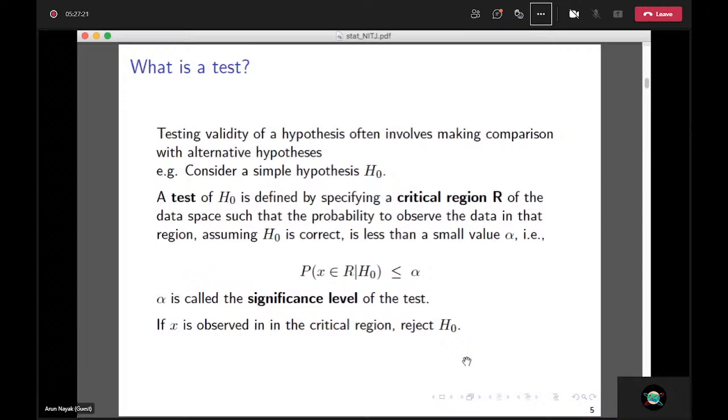Say we are expecting some signal in our theory, and we want to test whether the data is compatible with the background-only hypothesis, or it is something else. So we are testing the background-only hypothesis against the data.